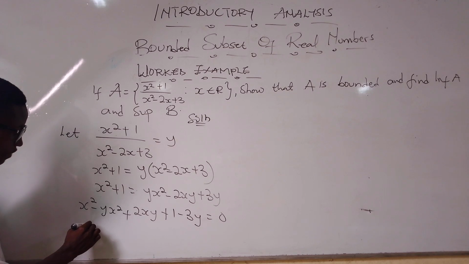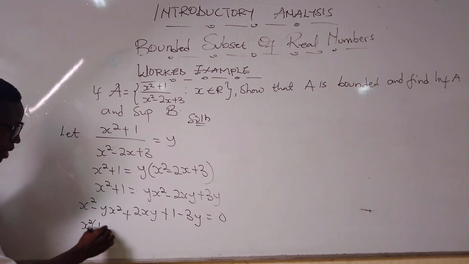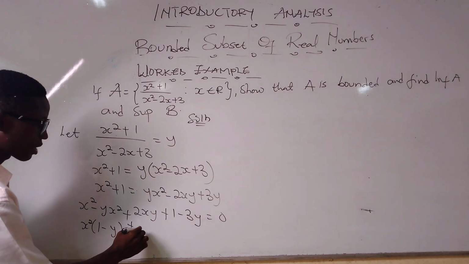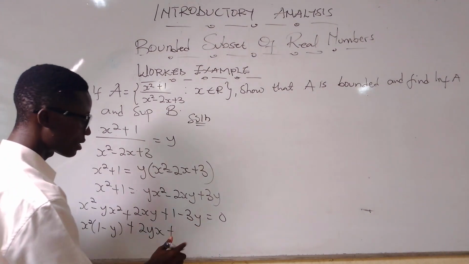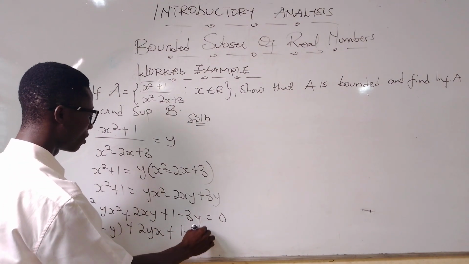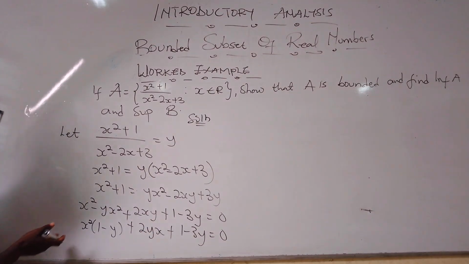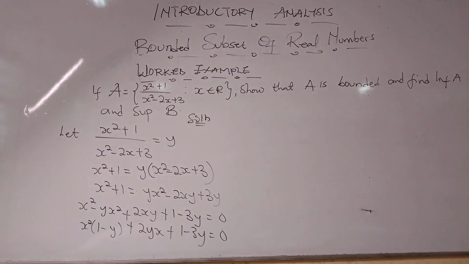So here I'm going to factorize x squared out, which gives x squared (1 minus y), and here too I'll factorize x out, which is 2yx, plus, we don't have x here, so that will be 1 minus 3y, is equal to 0. Now looking at this equation in terms of x, we can see it is looking like a quadratic equation.